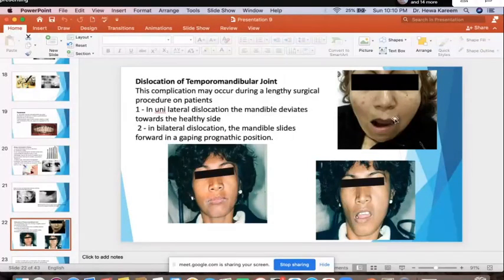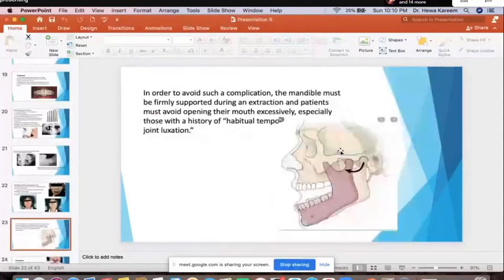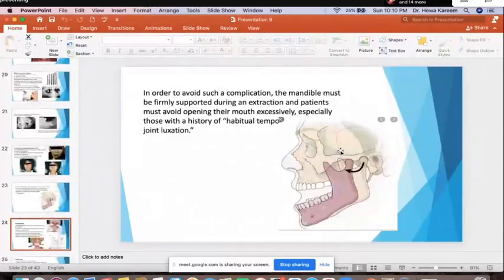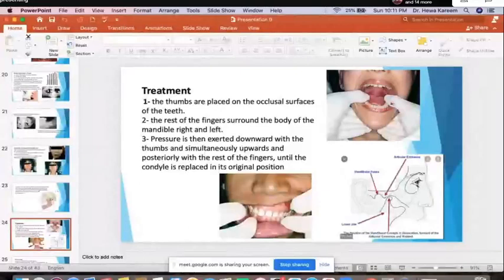And bilateral dislocation: the mandible moves forward. For management of the dislocation, put your thumbs on the posterior region of the mandible and the other fingers around the mandible.